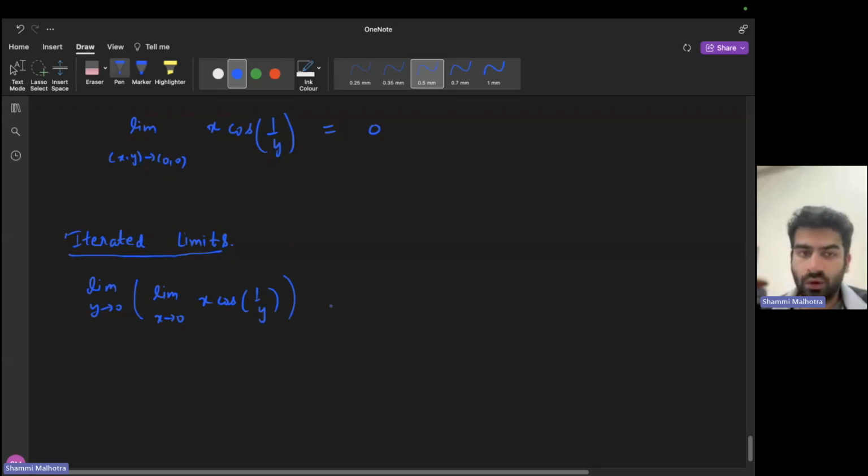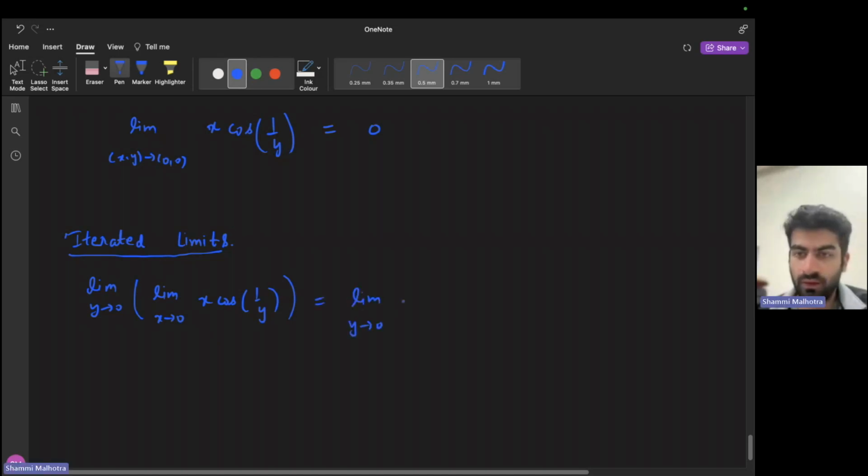I know that cos(1/y) is a constant here whenever y is non-zero, and I'm taking x tending towards 0. So this will be a bounded constant times another variable which is tending towards 0, so the limit turns out to be 0.